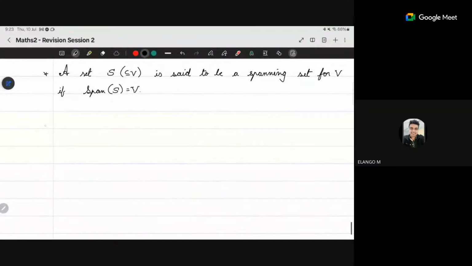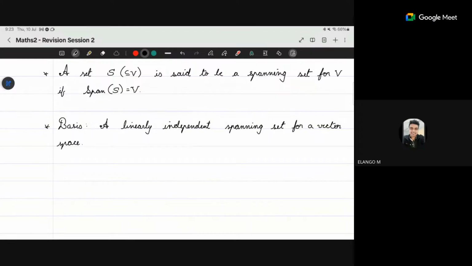And that brings us to basis: a linearly independent spanning set for a vector space. Now we know how to check whether something is linearly independent using row reduction and seeing if that has a unique solution.